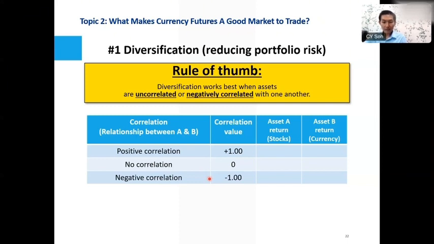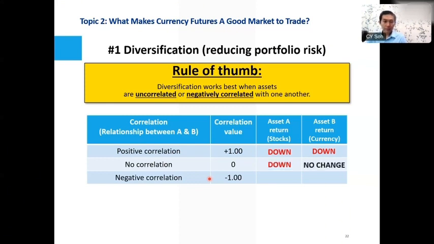A positive figure closer to 1 means a highly positive correlation. For example, when we compare two assets, asset A and asset B, say asset A is the stock market. If the stock market goes down by 10%, your portfolio of stocks would come down by 10%.